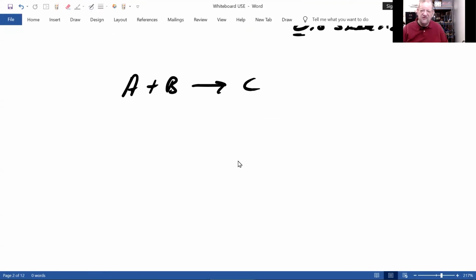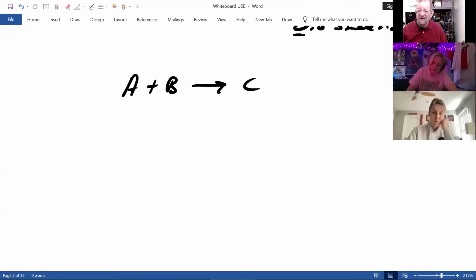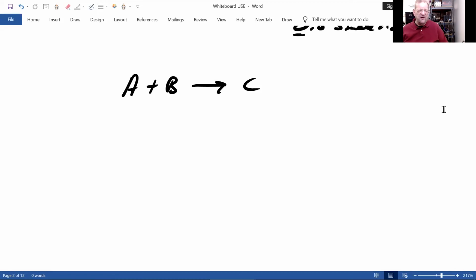And if you see on your screen, and I haven't asked, but thumbs up, people, do you see A plus B goes to C on your screen? Thank you. And you should know A and B are the reactants, which Dr. White, coming from the chemical industry, will also sometimes call the starting materials.